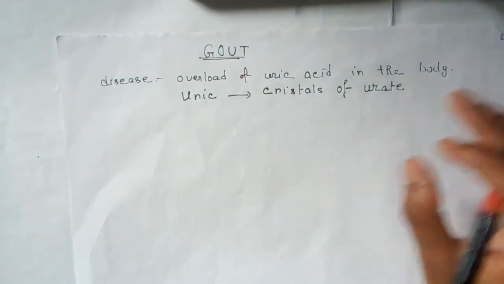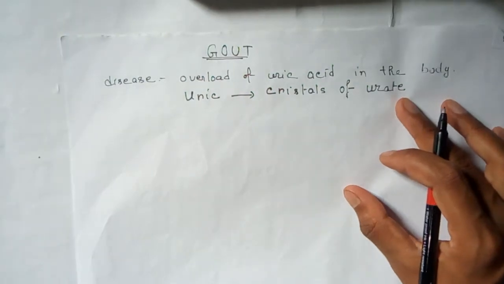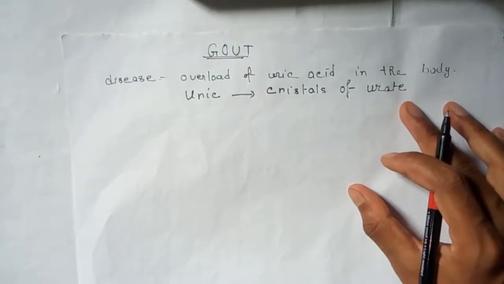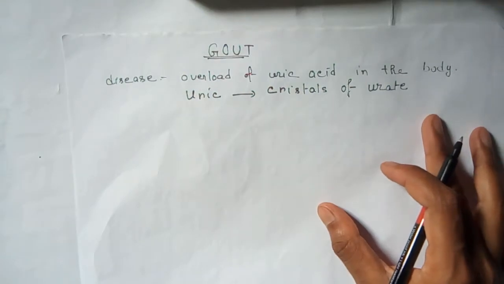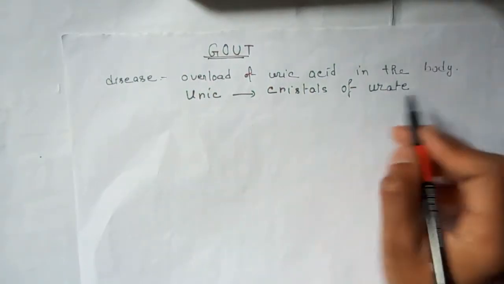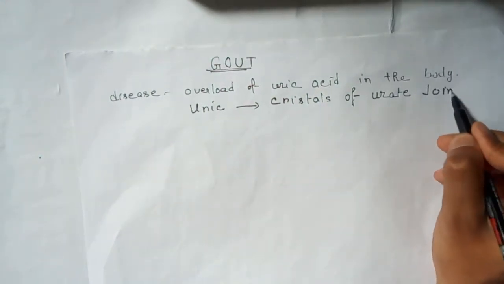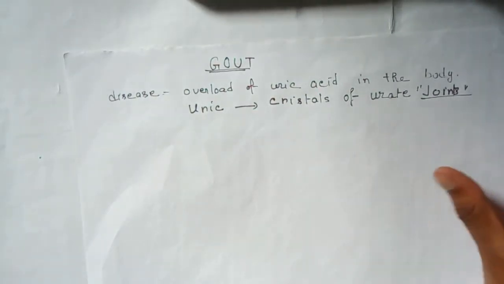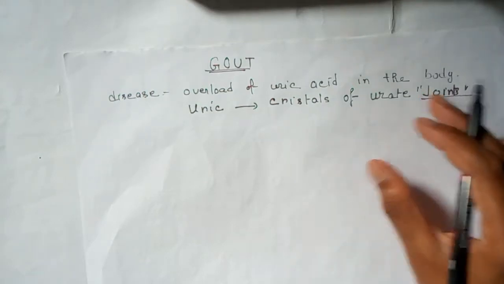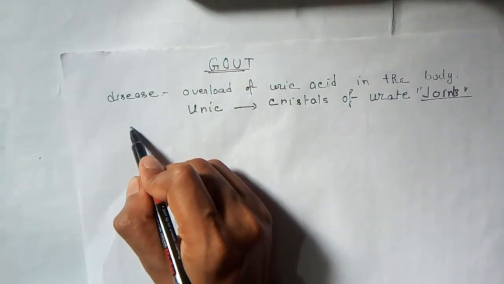These are especially stored in the joints, making the joints inflame. It causes recurring attacks of joint inflammation, which is known as arthritis.